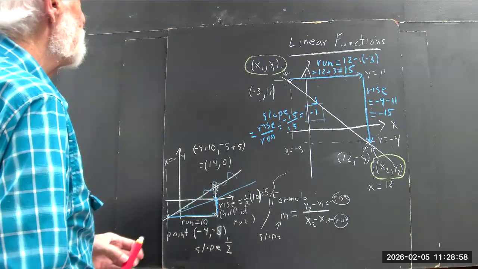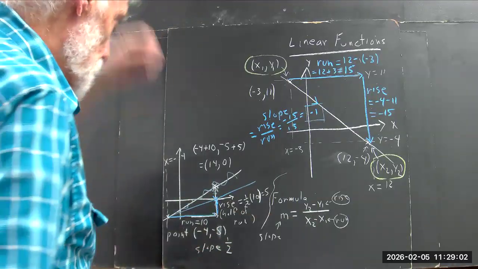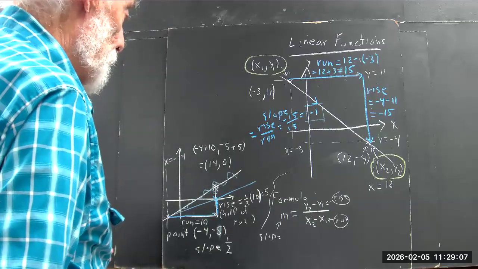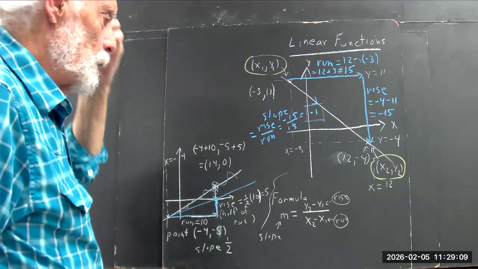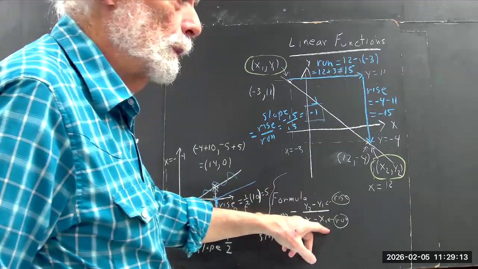Okay, now let's do all this with formulas. Okay, we have the slope formula, y2 minus y1 divided by x2 minus x1.